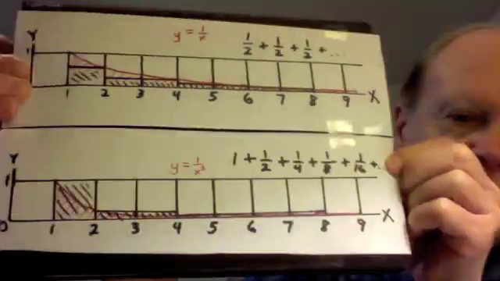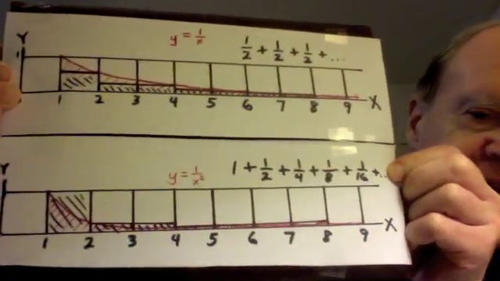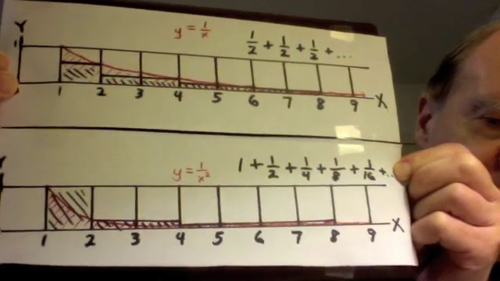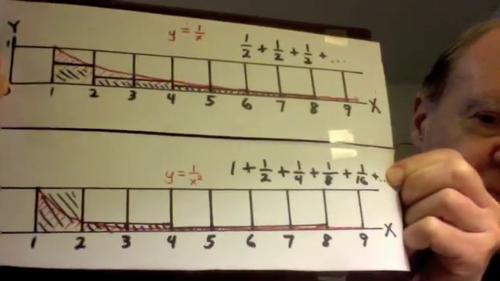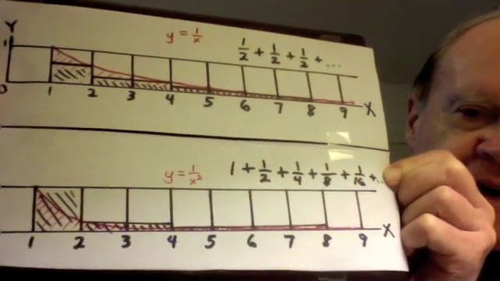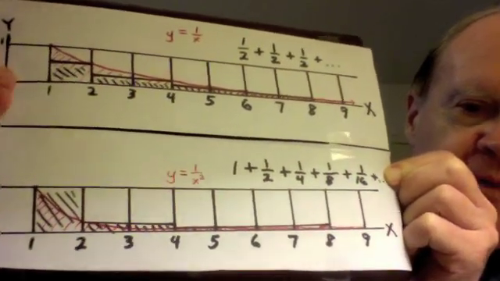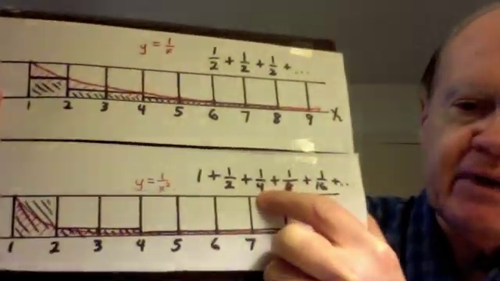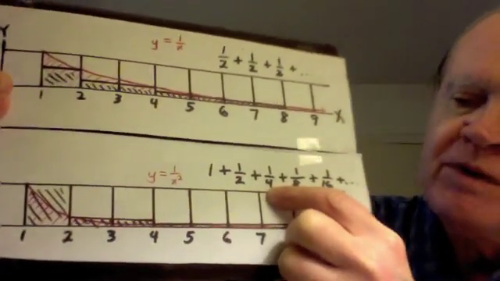The next rectangle has a length of 4, but a height of only 1/16, and that's an area of only 1/4. Continuing in that way, I get this sequence of areas: 1 plus 1/2 plus 1/4 plus 1/8 plus 1/16, and so on indefinitely. The first two add up to 1 1/2. Next, the first three add up to 1 3/4.